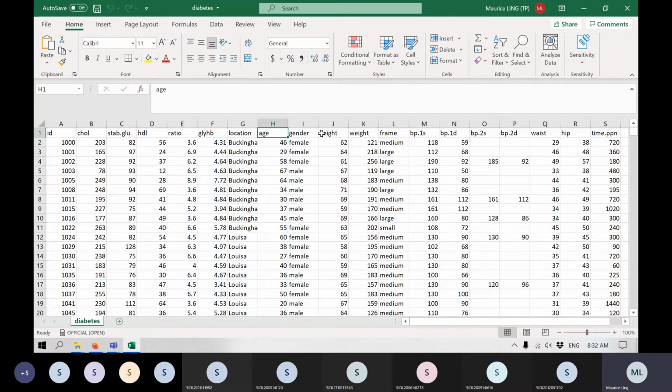Then age of the patient, male or female. Height and weight are in inches, not in centimeters. So the measurements are in inches. The frame talks about body frame: small, medium, or large. Then you have blood pressure, the first measurement of systolic blood pressure and diastolic blood pressure.